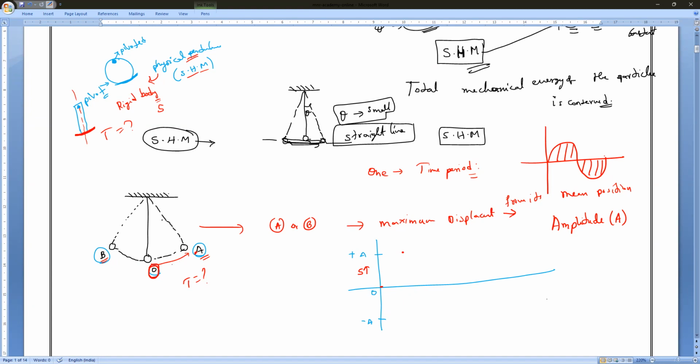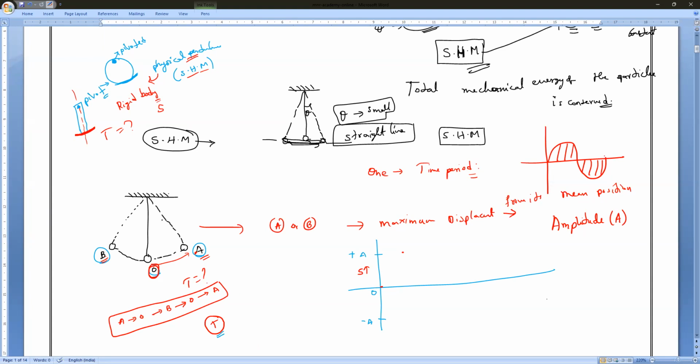So see that from A to O to B, again from B to O, and again O to A, that is totally called one oscillation, and the time taken for that is called the time period.